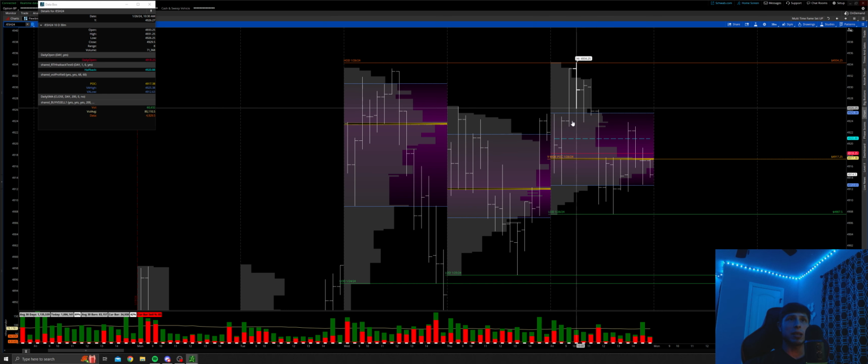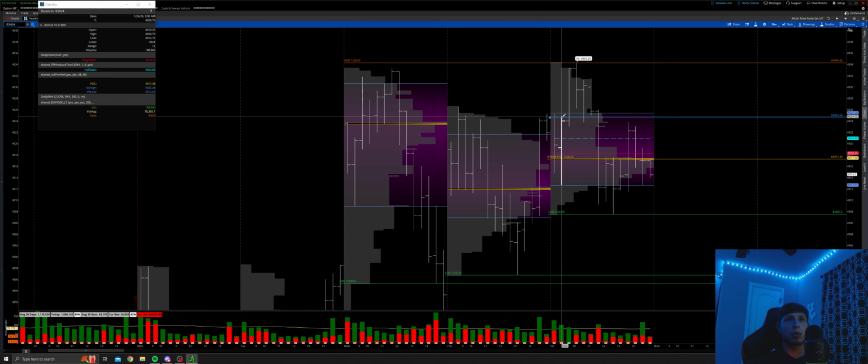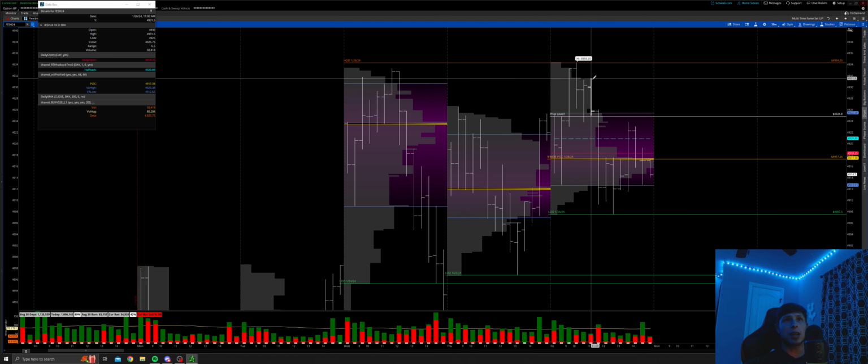So buyers want to see point of control go from where I'm about to mark, where we touched 4 times prior to this liquidation move, okay? So we traded back and forth 4 time frames prior to this move at 24.75. Then we couldn't get there in this time frame right here.